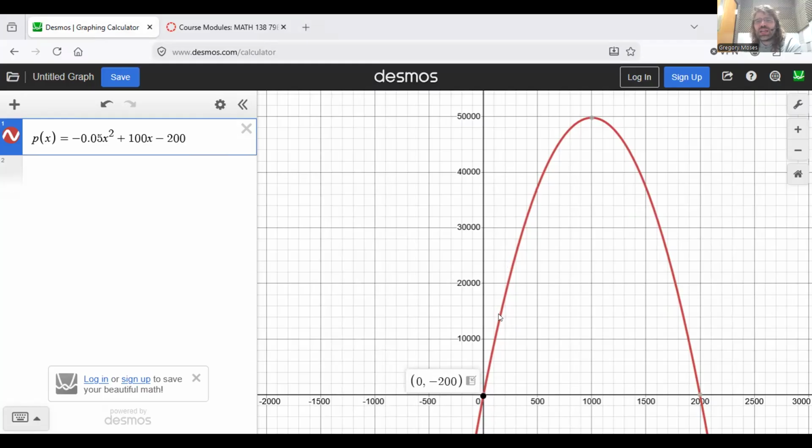The more you sell, the more profit you make, but that cannot go on forever. Eventually, limitations of the market and diseconomies of scale kick in, and your profit begins to decrease, even though you're selling more widgets. A pretty classic example.